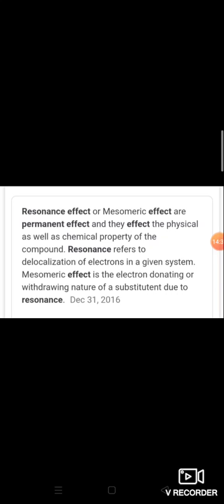Positive resonance or positive mesomeric effect: when the electron displacement is away from the atom or group, it is known as the positive effect.